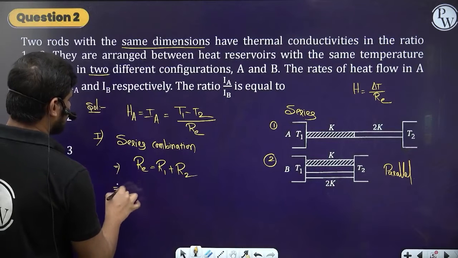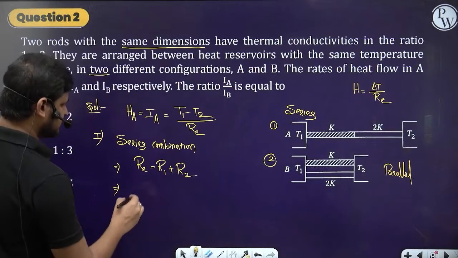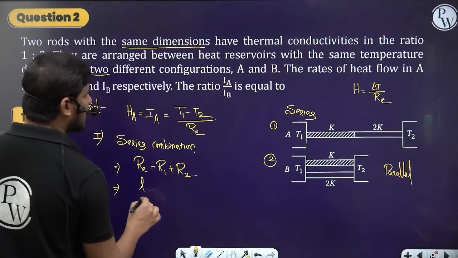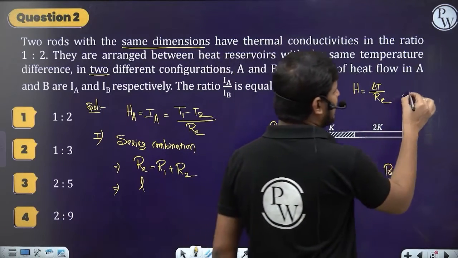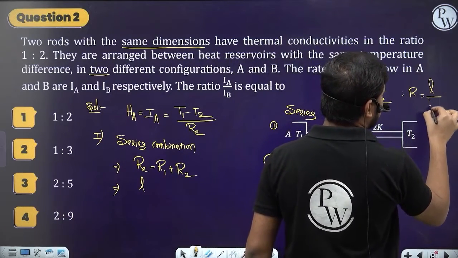What is our R formula? You know the R formula, right? R is equal to L by Ka.